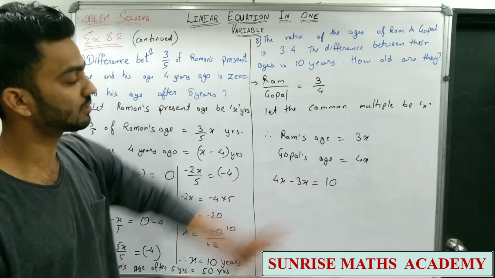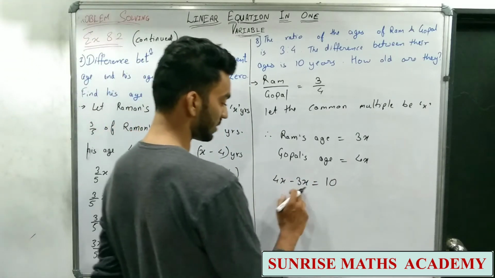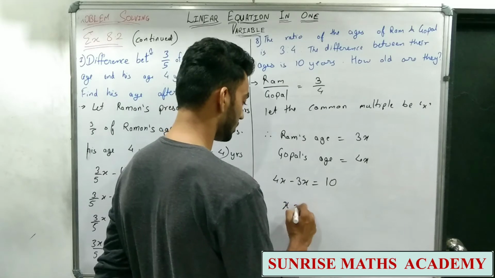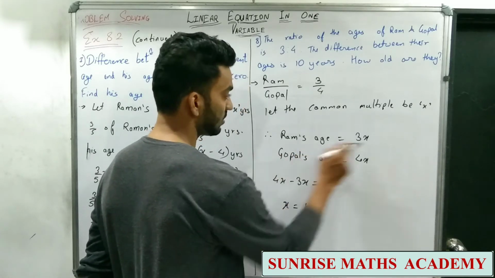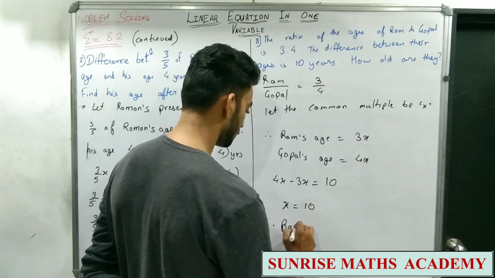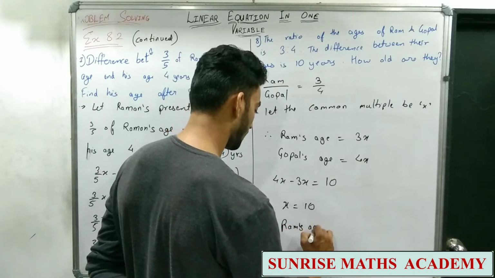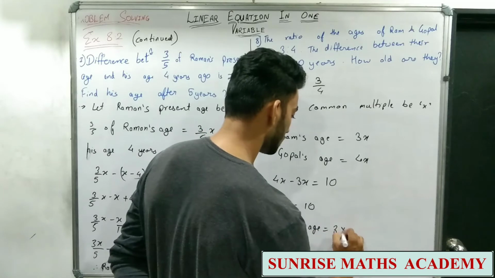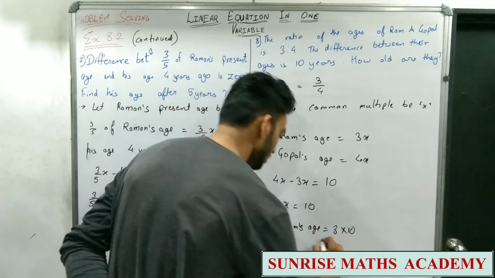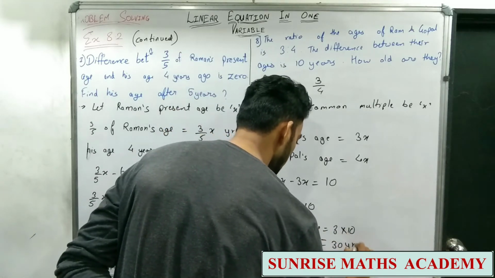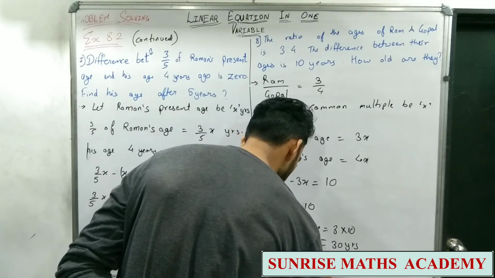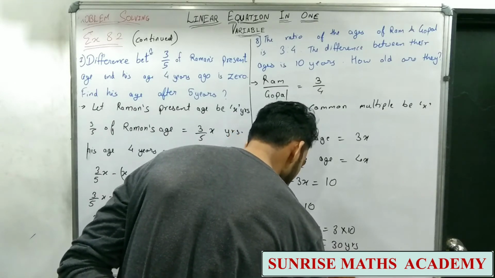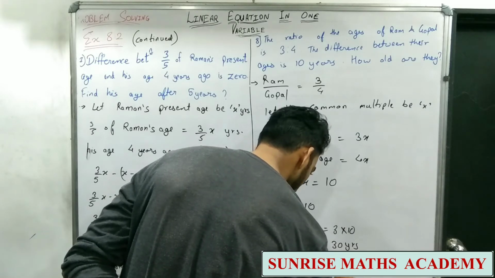Therefore, 4x minus 3x equals to x equals to 10. Ram's age is 3x, which means 3 into 10 because x is 10. So that is 30 years. And Gopal's age is 4x, that is 4 into 10, that is 40 years.